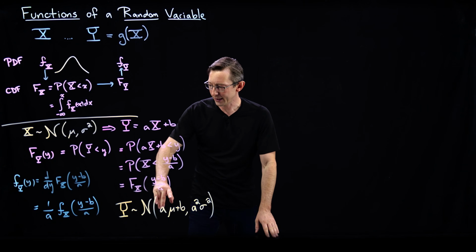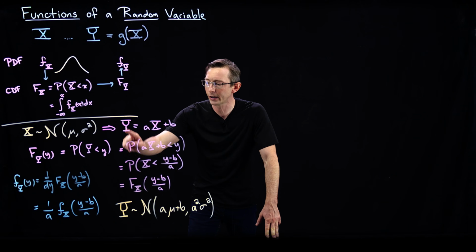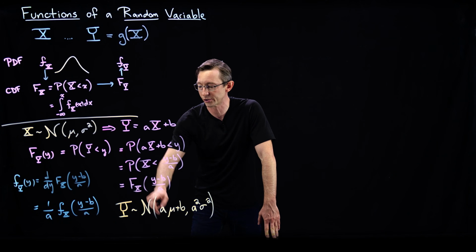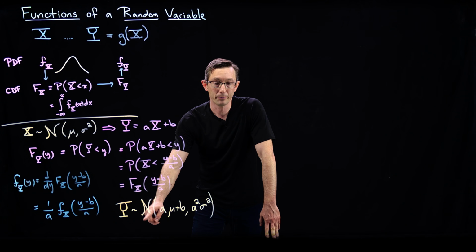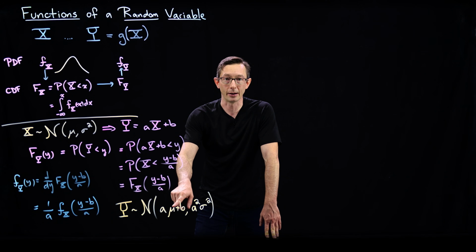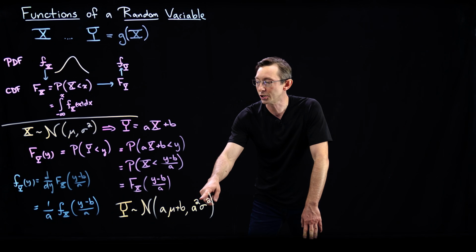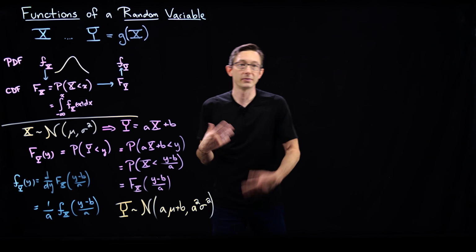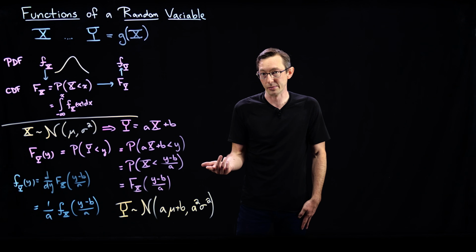You go through all the math, and you find that your new variable y is also a normal distributed random variable with a new mean that is also just shifted and scaled by the exact same amount, and a standard deviation that is just a times sigma, so a variance, which is a squared times sigma squared.